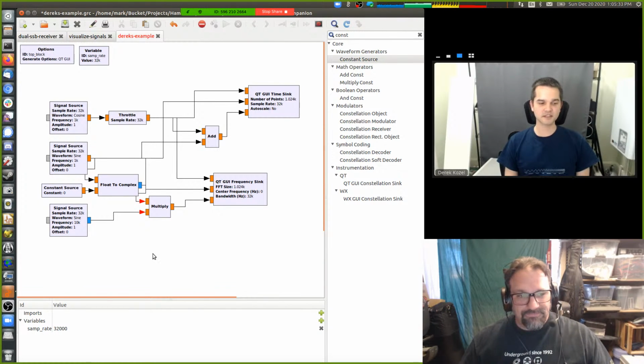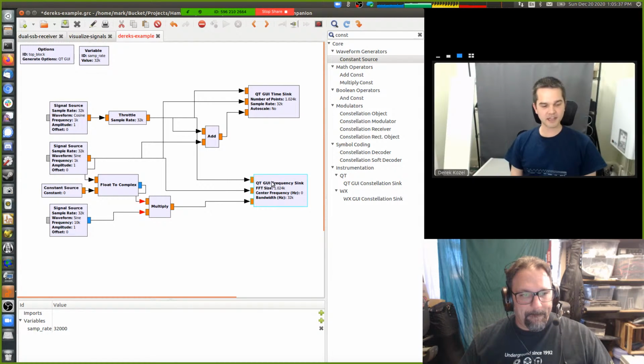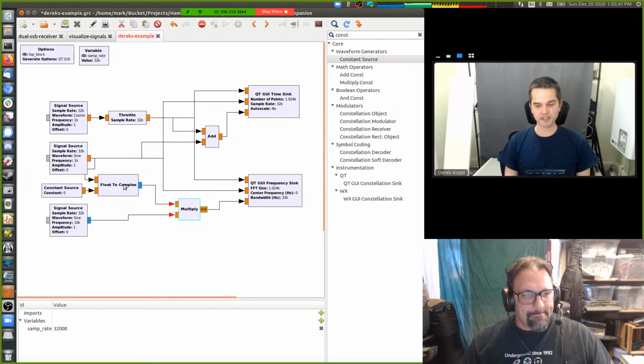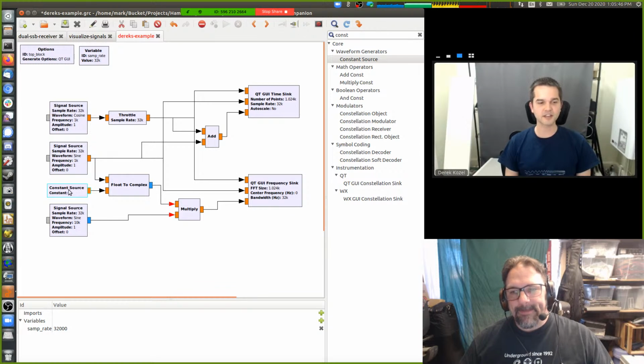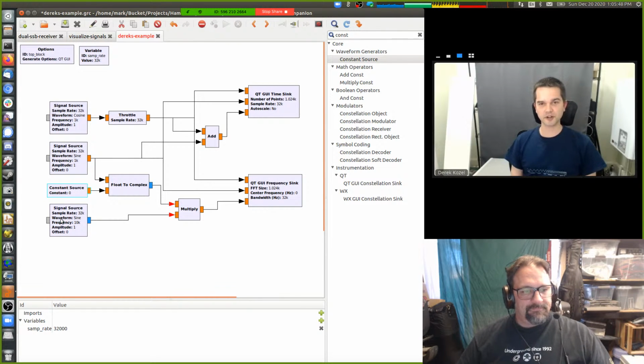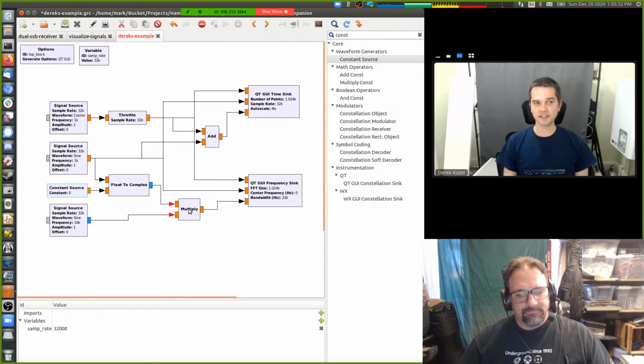And here is where I start getting a little bit fuzzy, because there's a formula called Euler's equation, which allows you to convert an amplitude and a phase into a sine and a cosine wave, which is super cool.